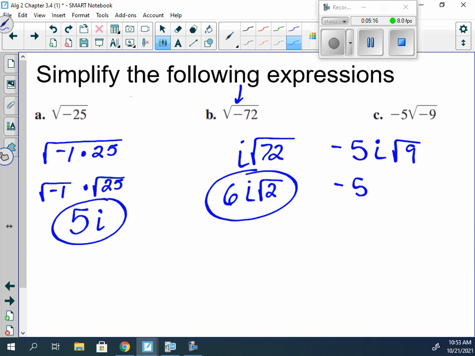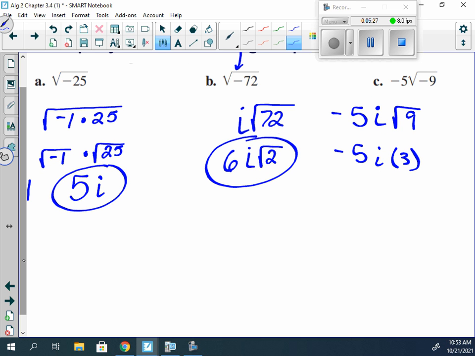So we have negative 5 times i times 3, because the square root of 9 is 3. What is negative 5 times 3? And we have our i. So negative 5 times the square root of negative 9 is negative 15i. Yes?